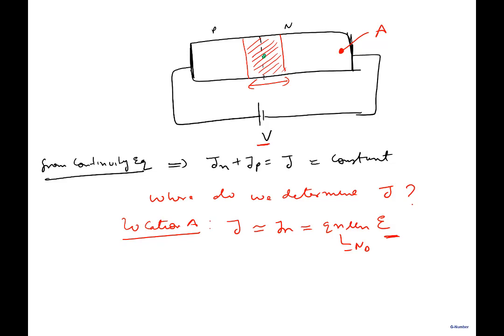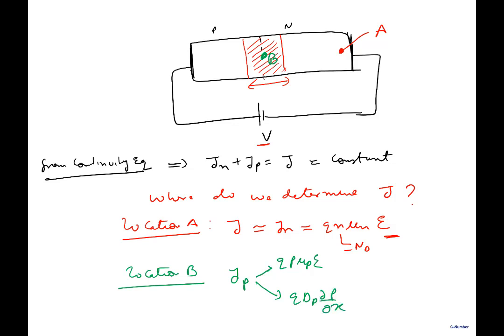The other one was, well, what about a point B, a location B? At location B, let's take Jp. Jp has a drift component q p mu p E and a diffusion component q Dp del p by del x.